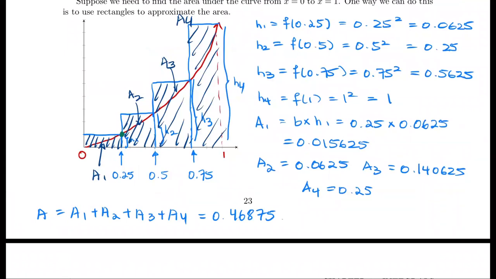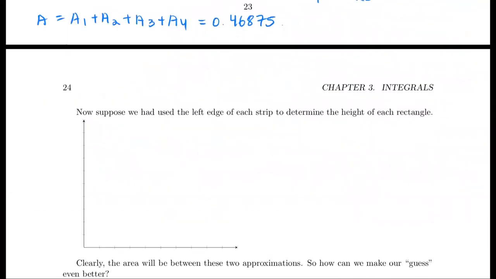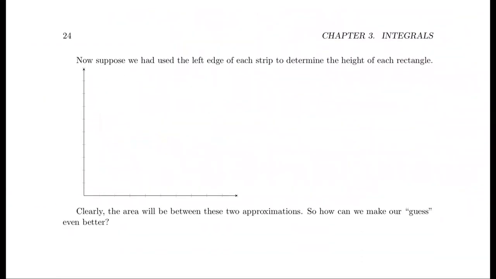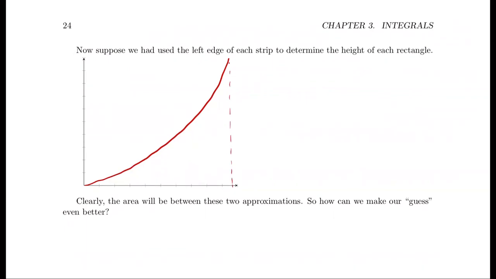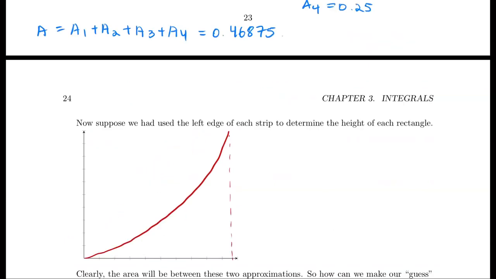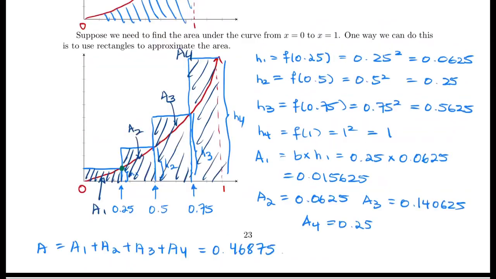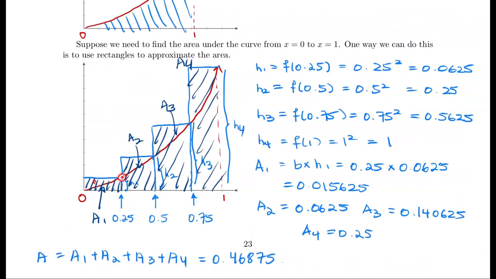But suppose we have the same parabola again, but this time we're going to be using the left edge of each rectangle. In the previous one, we considered the rectangles involving the right edge of each rectangle.